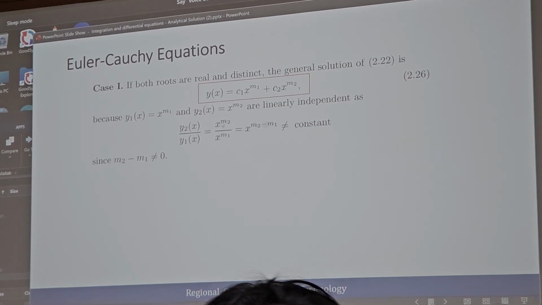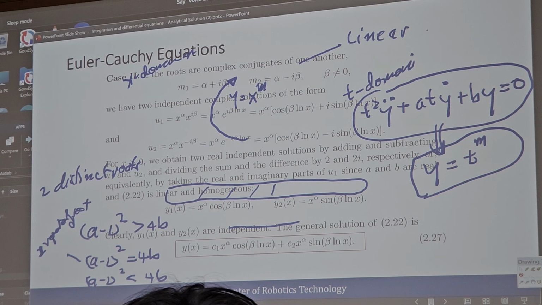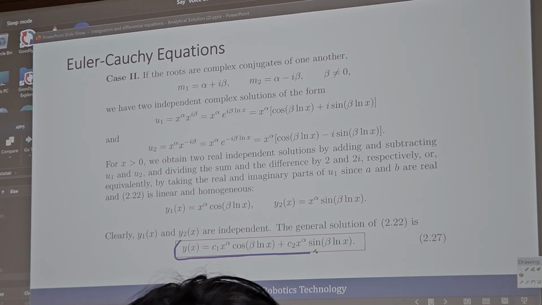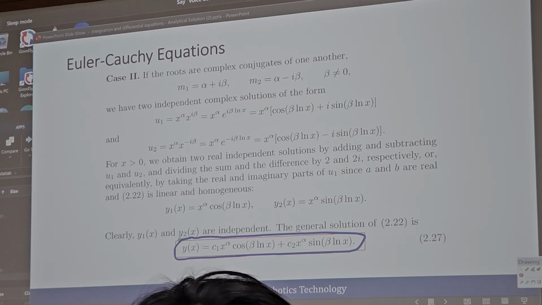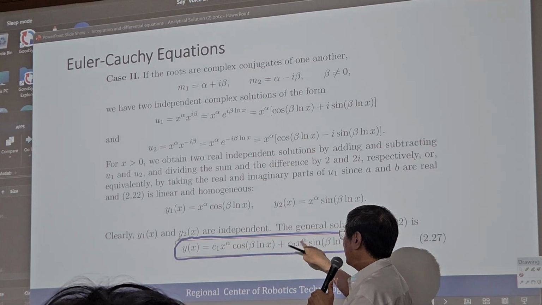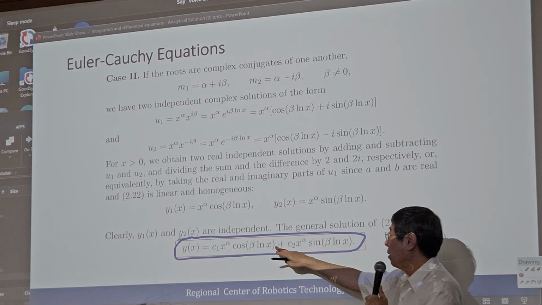Case 1, two distinct roots. Case 2, complex conjugate, so your solution will look like this. A little bit more complicated: x to the alpha times C1 cos beta log x plus C2 sine beta log x.